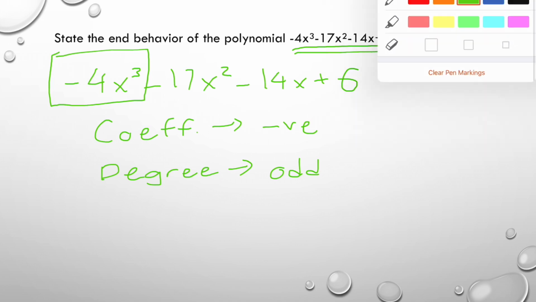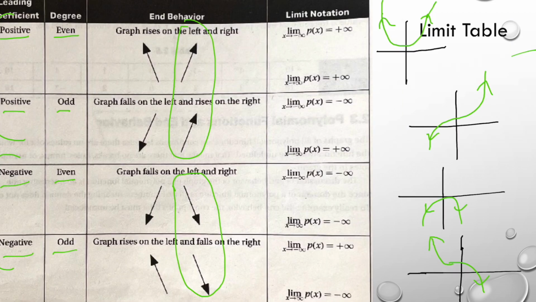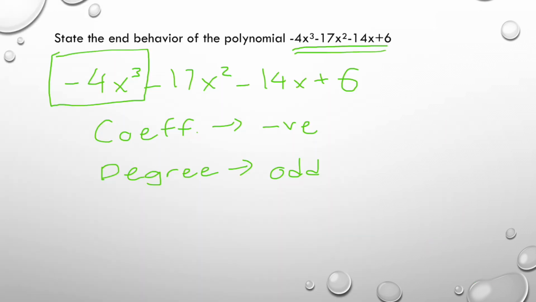And according to the table that we made, or which has been given to us, we see that if the leading coefficient is negative and the degree is odd, it's going to rise on the left and fall on the right. Rise on the left, fall on the right. It's going to be something like this, as already showed before. Rise on the left, fall on the right, and yeah, that's it.